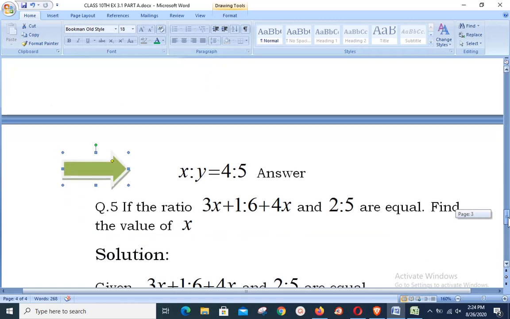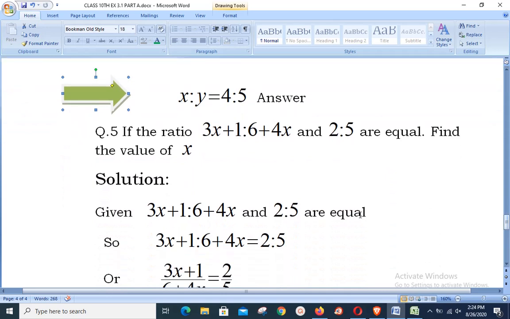Our next question in today's topic is question number 5 from exercise 3.1. Question is, if the ratio 3x plus 1 ratio 6 plus 4x and 2 ratio 5 are equal, find the value of x.